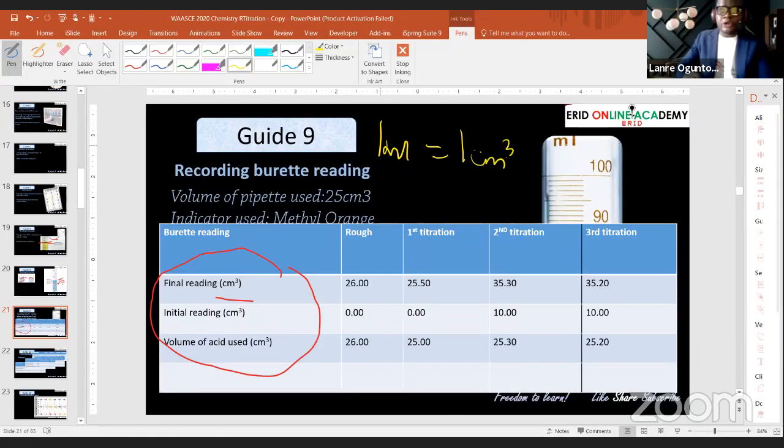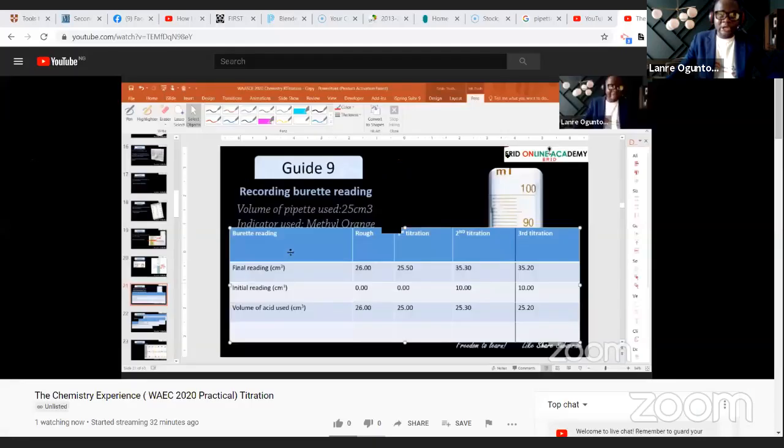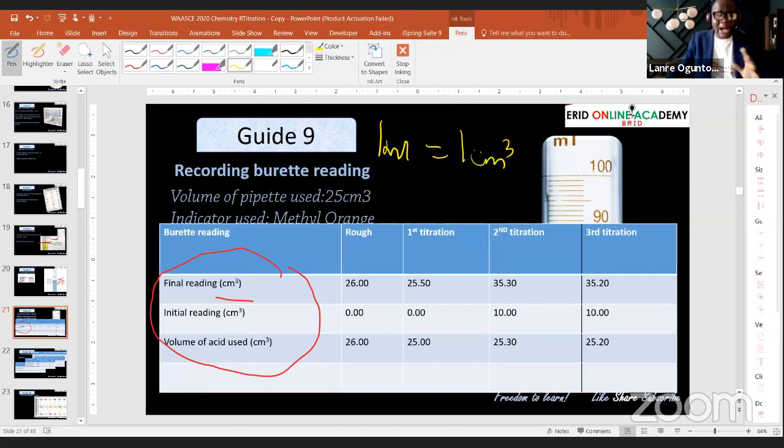So if the container they wrote as mL, it doesn't matter, because 1 mL has the same value as 1 cm cube. So that is what you have here.